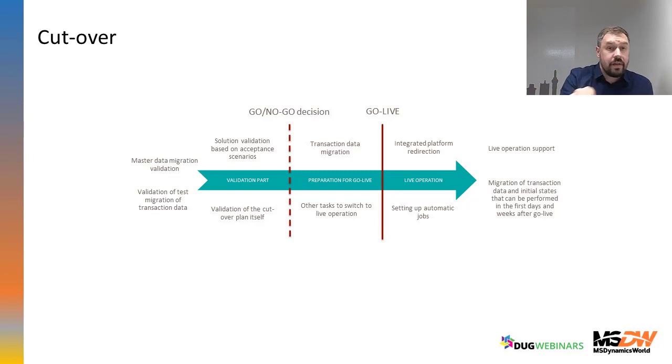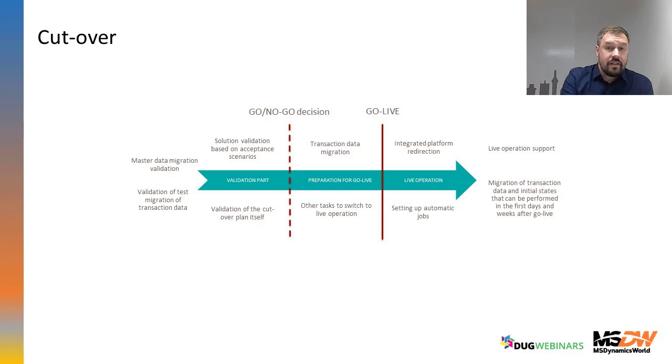We will speak about it a bit later, because as you have seen here, the next step is data conversion and migration, but you have to count on it in the cutover plan. So master data migration validation is the second important prerequisite. The third one is validation of test migration of transaction data. What does it mean?